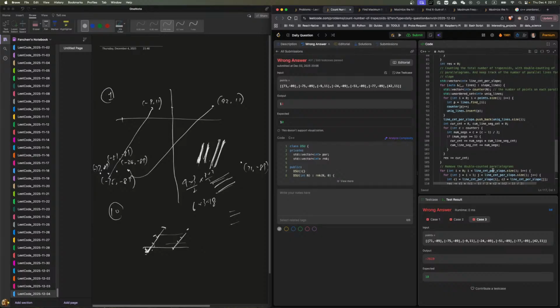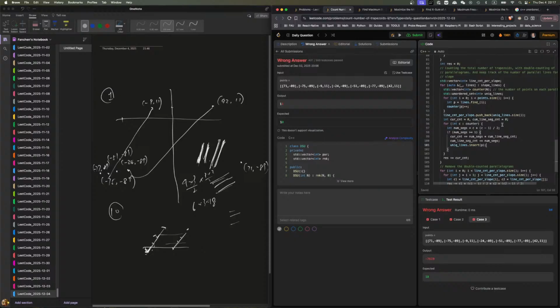I see what the problem is. The problem is the counter. So this C has to be larger than 1. Okay, that's fine, this is not supposed to be here, it shall be here.